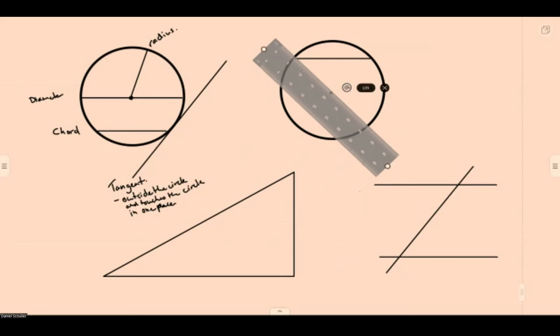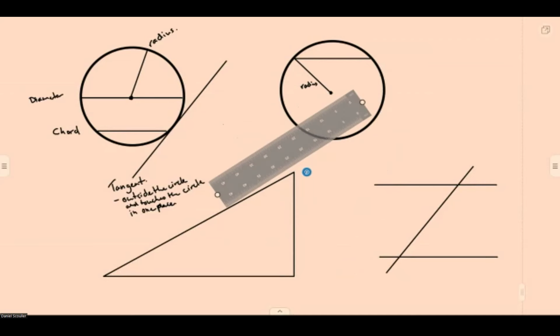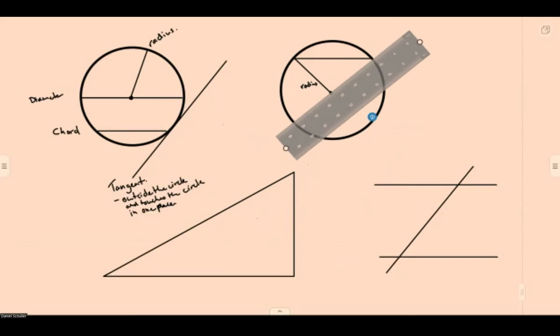Now, if I draw a line from the centre to where the chord meets the outside edge, like that. Okay. That length is going to be the radius. We use that a lot in Pythagoras. Okay. But I can also create a full triangle like that.